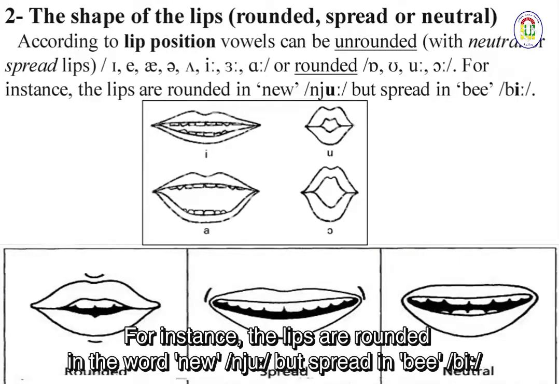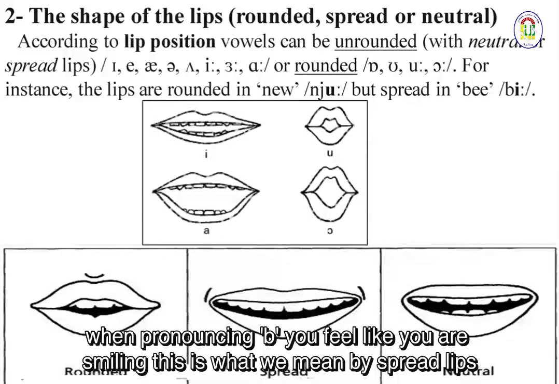For instance, the lips are rounded in the word new, but spread in B. When pronouncing B, you feel like you are smiling. This is what we mean by spread lips.